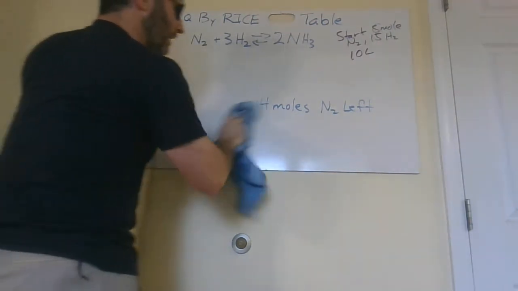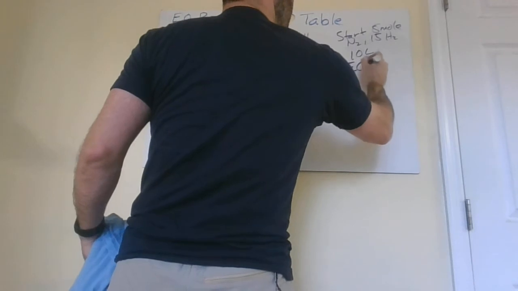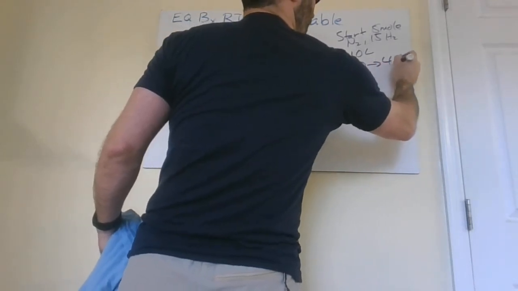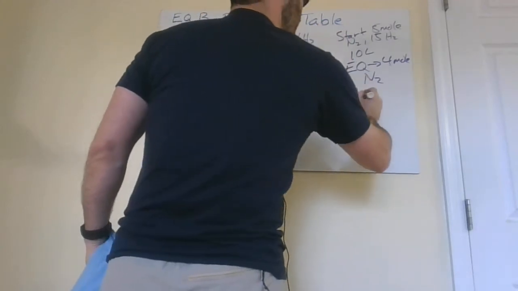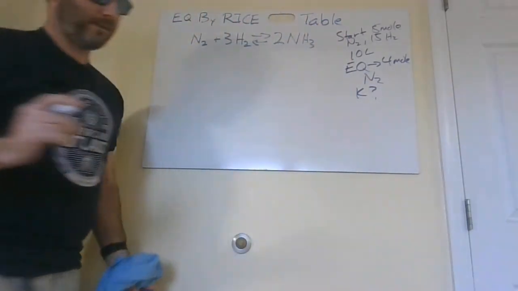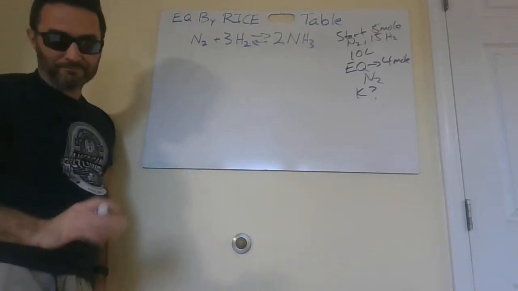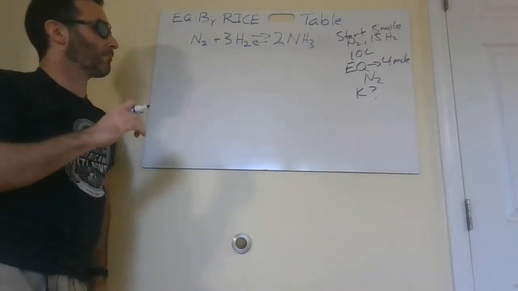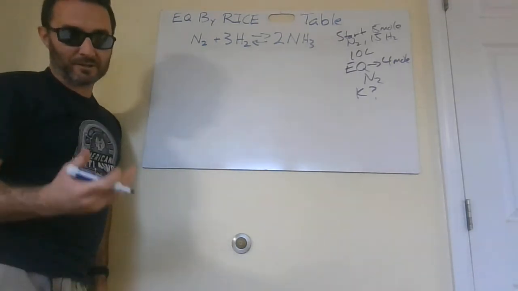And at equilibrium, four moles of N2. And here's a question mark for K. And it seemed like, oh, is this impossible? No. Take a RICE table and then think about what a balanced chemical equation means, and let's talk our way through this.